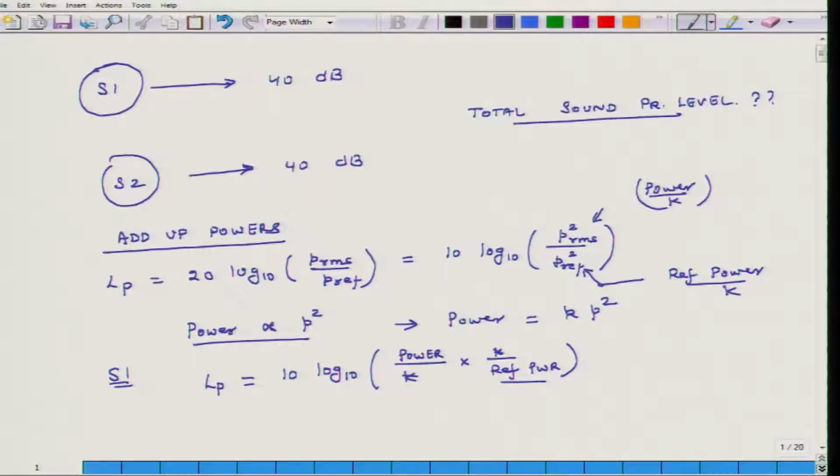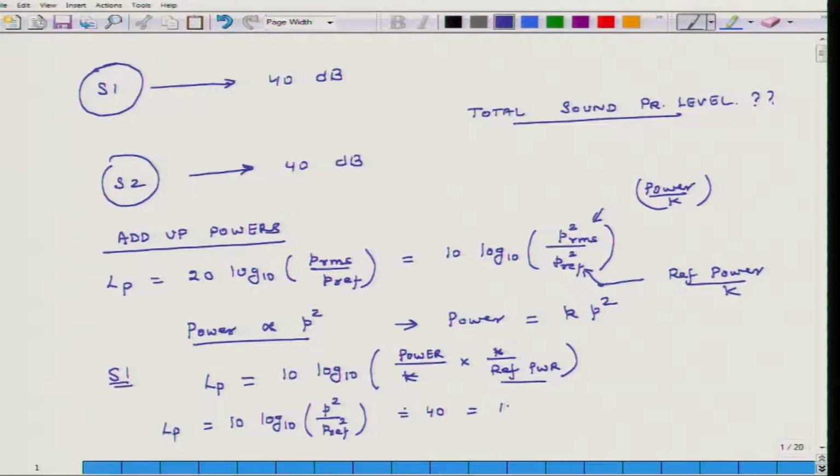Okay. So, this understanding is important. Essentially, I have to add up the square of RMS values in both the cases. Okay. So, now we will go back. LP equals 10 log10 of P square by P ref square, and I know that LP is equal to 40 decibels.